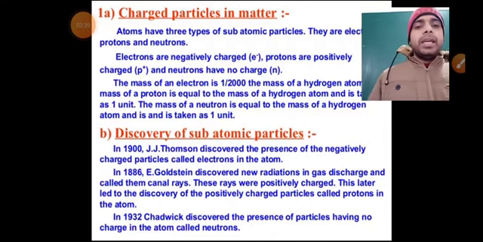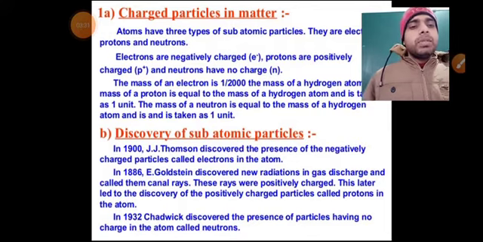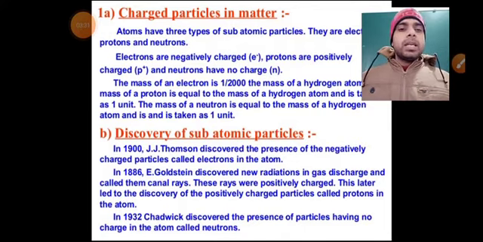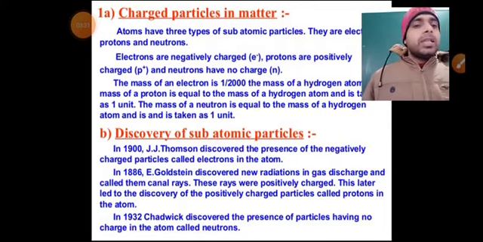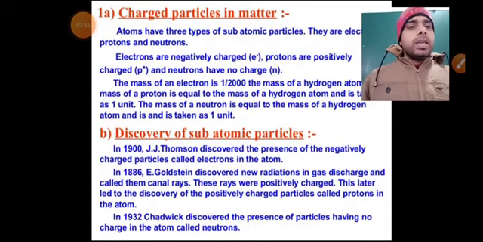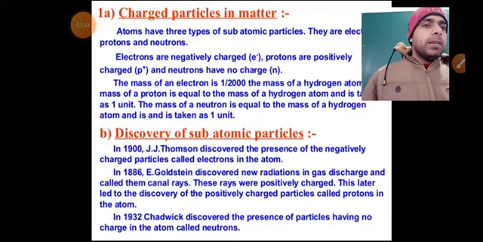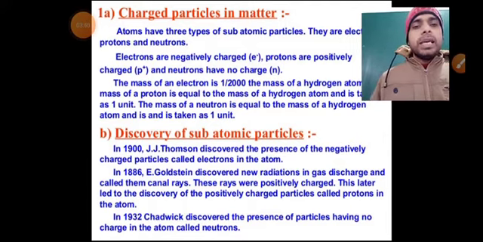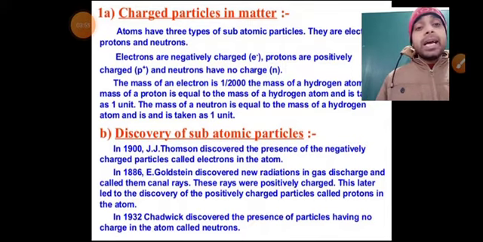In 1900, J.J. Thomson discovered the presence of negatively charged particles called electrons in the atoms. Then E. Goldstein was the scientist who discovered new radiations in gas discharge and called them canal rays.